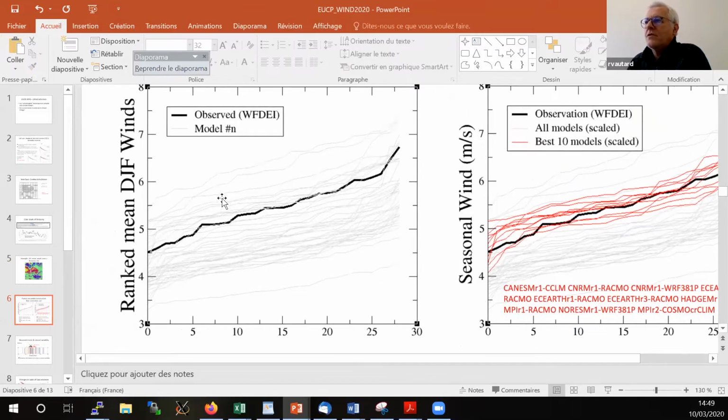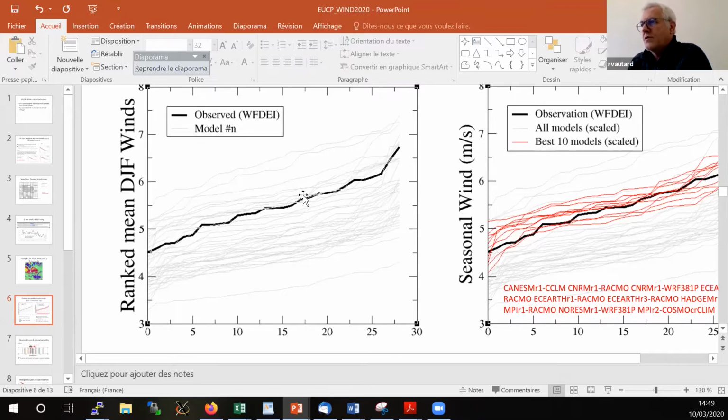The gray lines are the non-bias corrected EURO-CORDEX models, and the black line is the WFDEI. We can replace it also by ERA5 reanalysis. This shows the sorted values of the last 20, 30 years or so, the historical part.